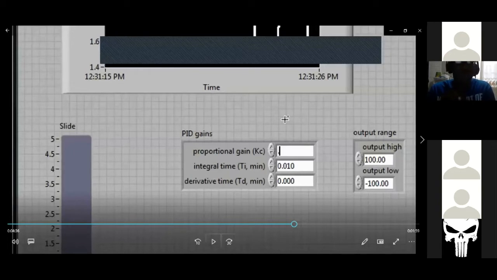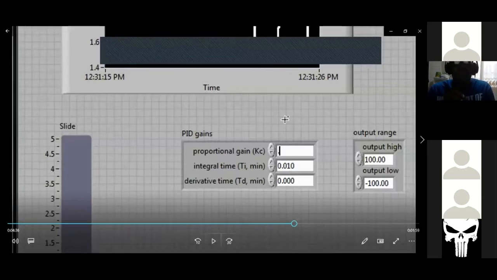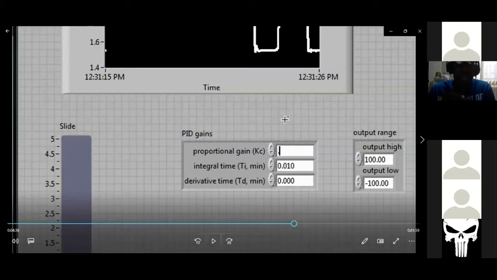The reason is that everywhere you go, nobody knows the transfer function of the plant. So we're going to be discussing that as well. People don't know the transfer function of whatever plant they are controlling, so they have to use experimental methods to determine that.